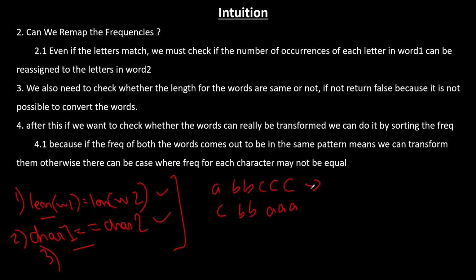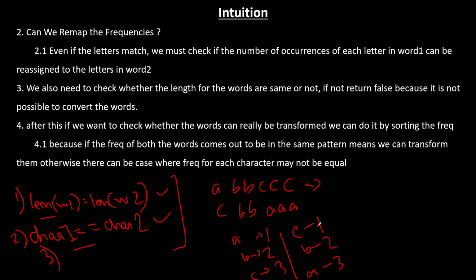You know that the lengths are equal and the characters are also equal. Two checks are done. Now you store the counts: A is 1, B is 2, and C is 3 in the first word. In the second word, C is 1, B is 2, A is 3.